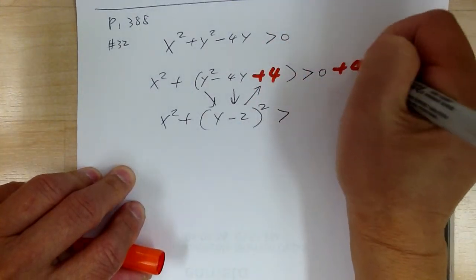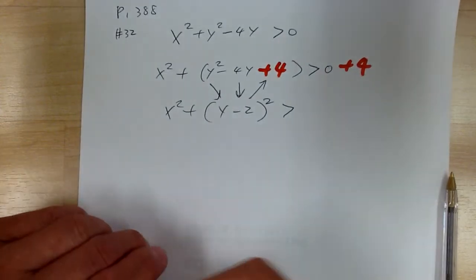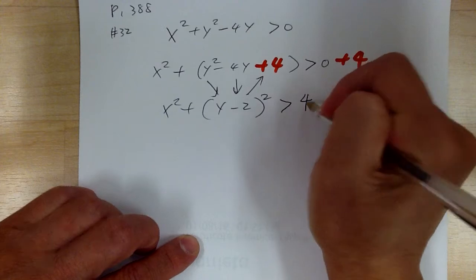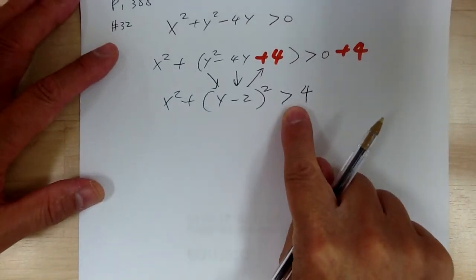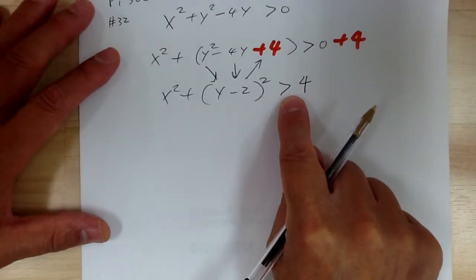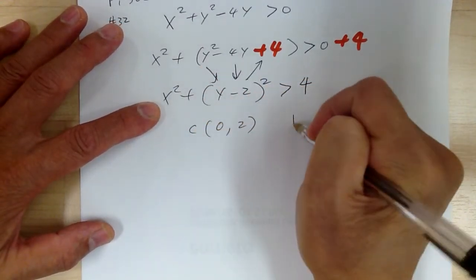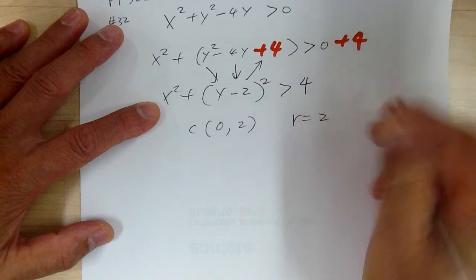So I need to add 4, and in this case I get a 4. Okay, so again, don't worry about the inequality yet. Let's think of it as equal right now. So your center is going to be at 0, comma 2, and the radius is going to be 2, right?